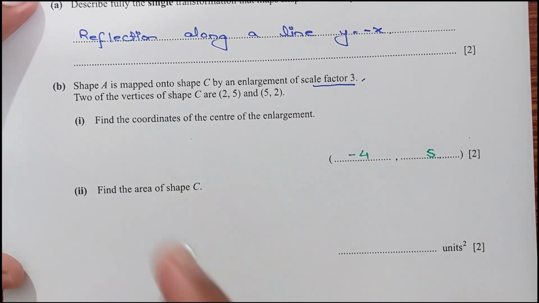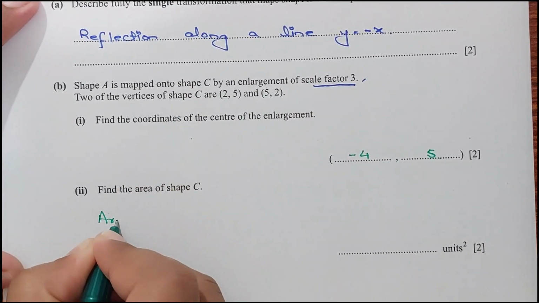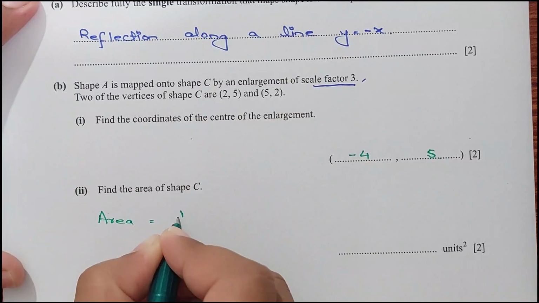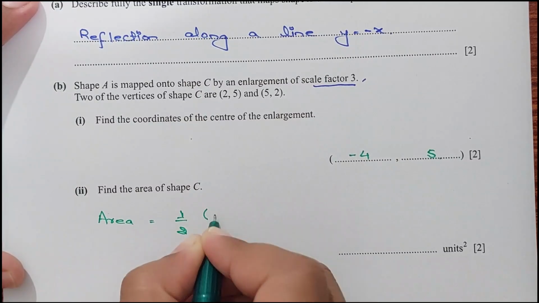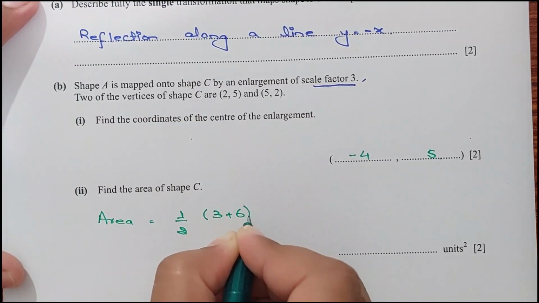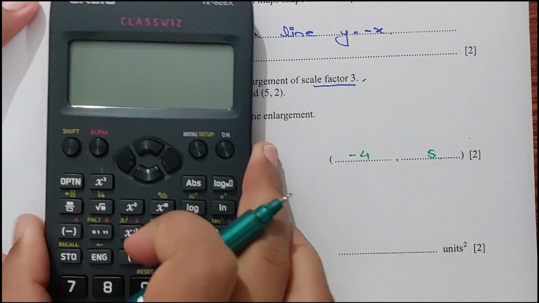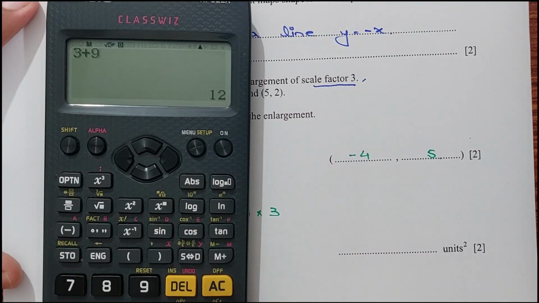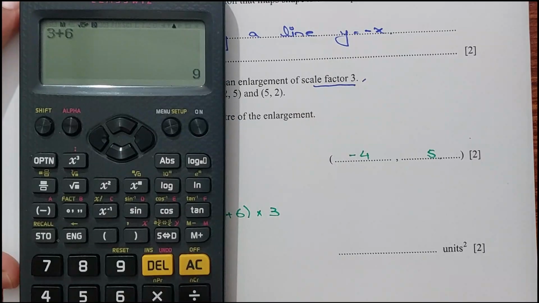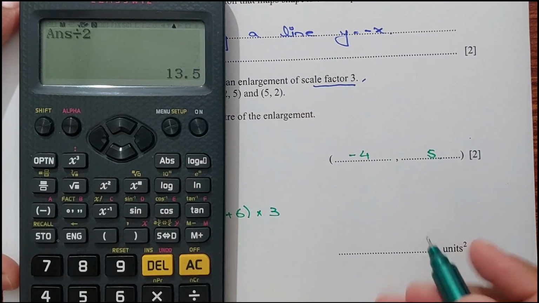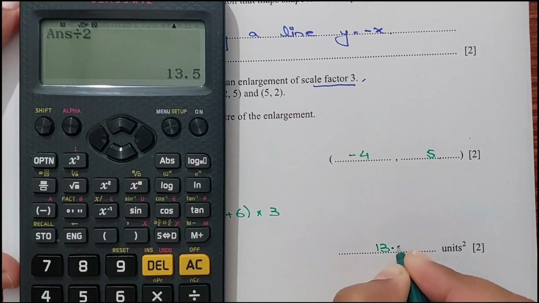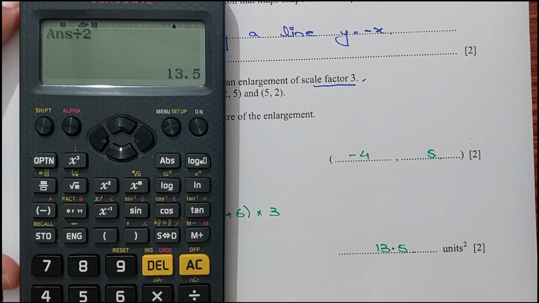So the area is half of 3 plus 6 multiplied by 3. 3 plus 6 is 9, 9 times 3 divided by 2 is 27 over 2, or 13.5 units squared.